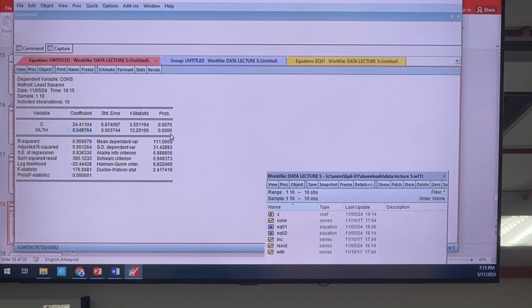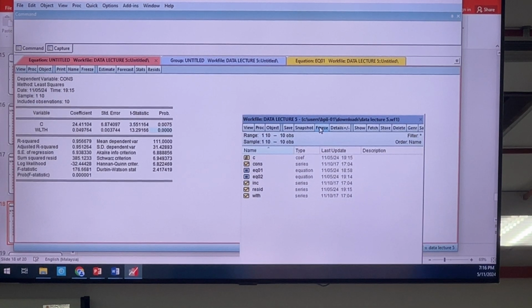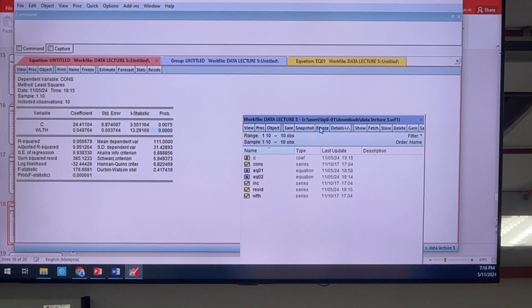And it is significant as well. So you see the danger of having a serious multicollinearity problem. It leads us to an incorrect conclusion. It's supposed to be significant, but because of multicollinearity, it makes the estimate insignificant.